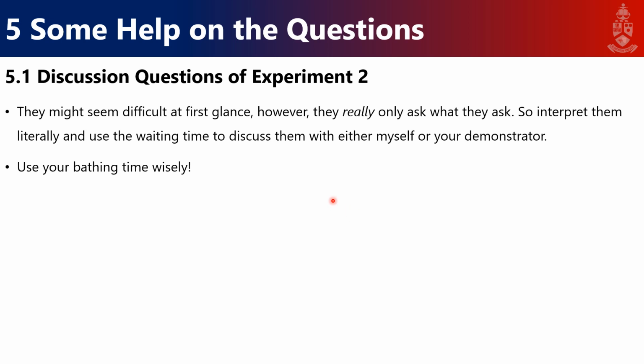Specifically question 2, which asks you, how would you go about determining if it were second order kinetics responsible for the decomposition? Remember, this is a first order kinetics decomposition, which you can read about in the practical manual. But how would you go about that?